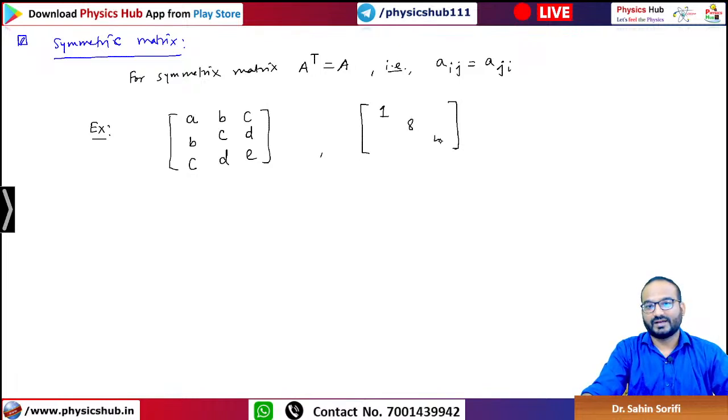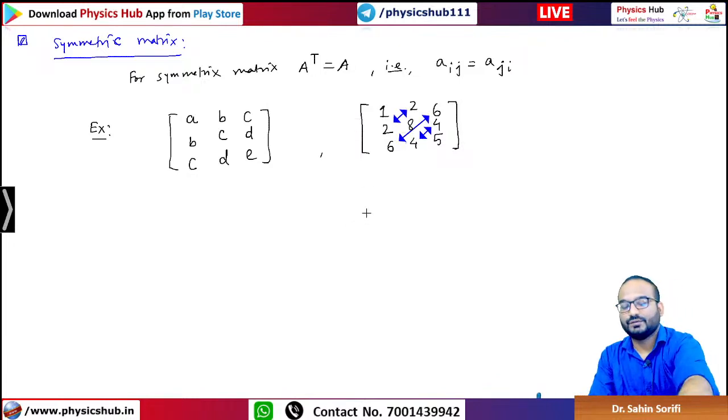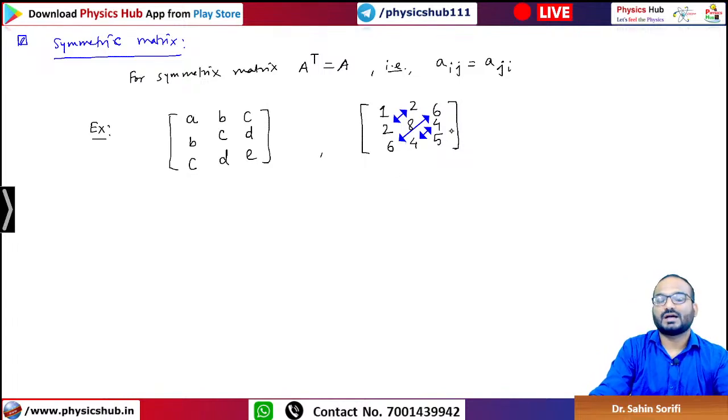Chalo, 1 8 5, okay? So if I write 2 here, 2 should be written here. If I write 6 here, 6 should be written here. If I write 4 here, 4 should be written here. So you can see a correspondence: 2 2, 6 6, 4 4. All the elements are not unique or independent, they are dependent.